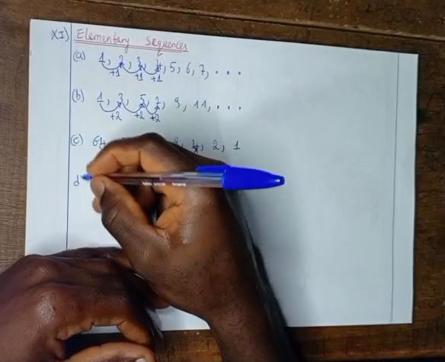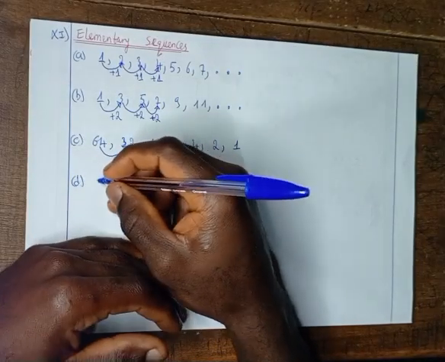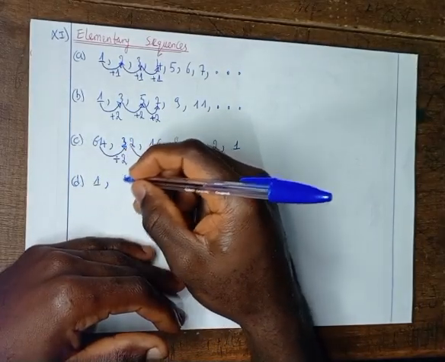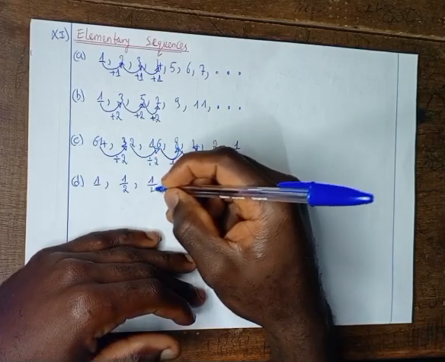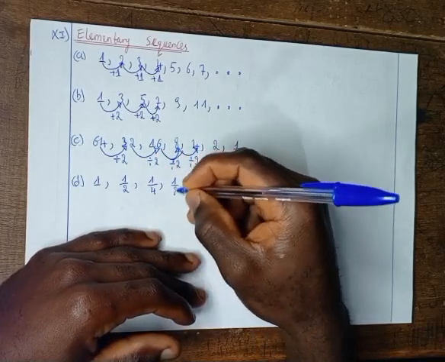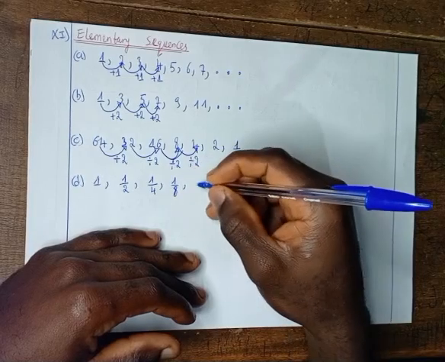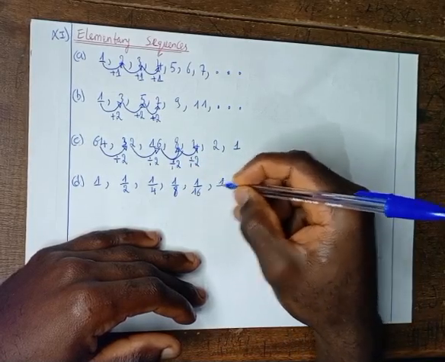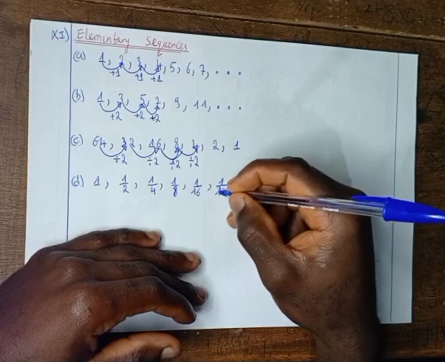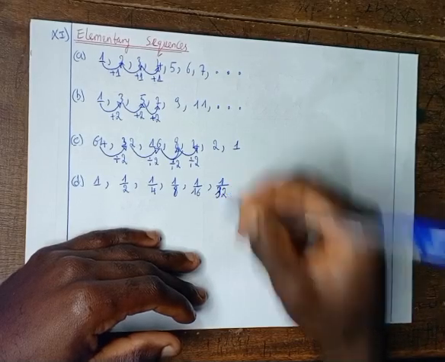Now if we take D. For D we have 1 goes to a half, it goes to 1/4, it goes to 1/8, goes to 1/16, and lastly 1/32.